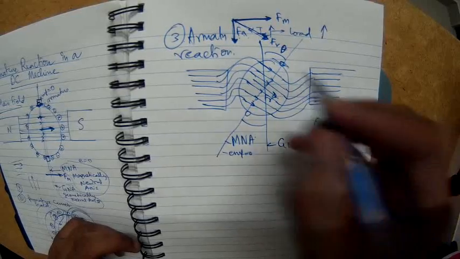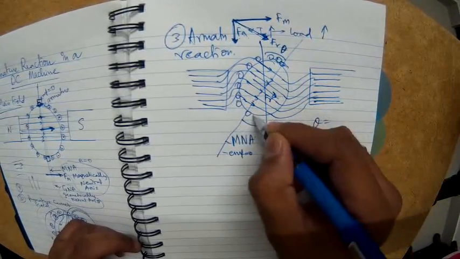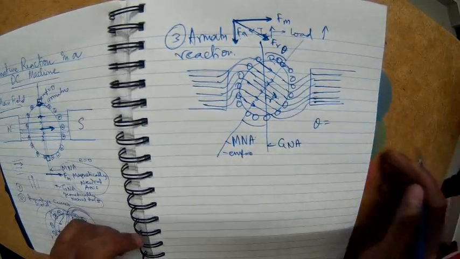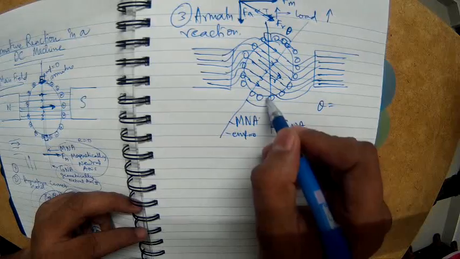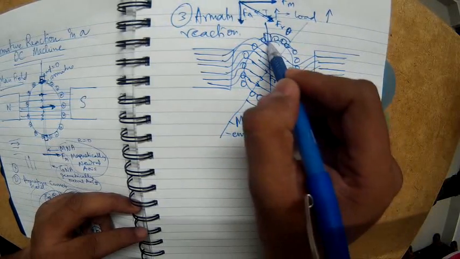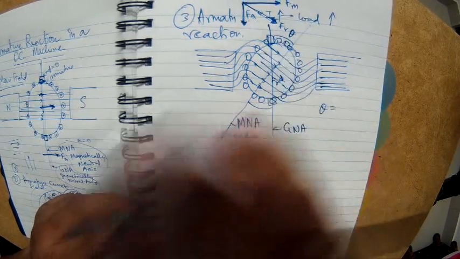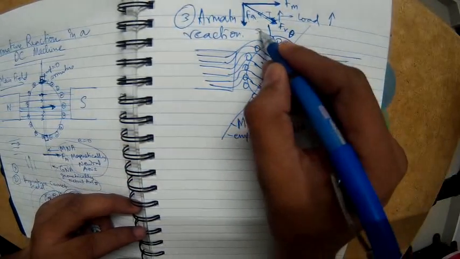Now what are the implications of this? If I draw some conductors here, because of the shifting, if my brushes were still here, at the time of the brush connecting here there will still be some voltage in the conductors, and when the brush moves from one commutator segment to another commutator segment, there will be sparking.